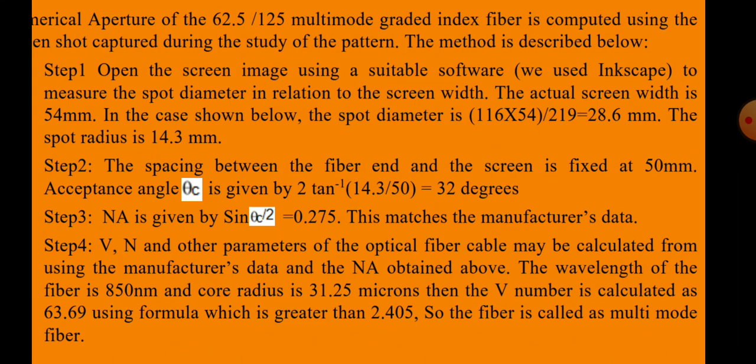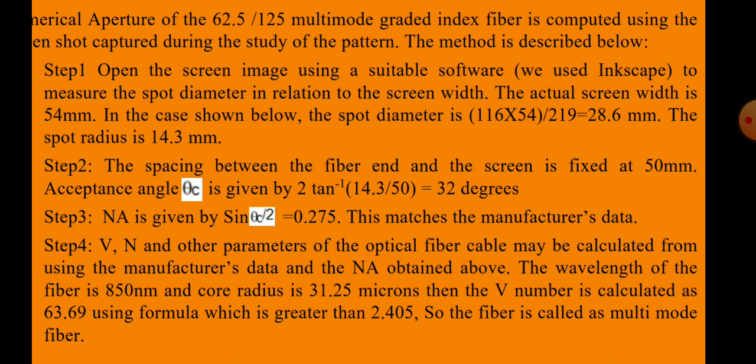Then we calculate the V number based on the formula 2 pi a divided by lambda into the numerical aperture. So 2 into 3.14 into 31.25 into 10 power minus 6, divided by 850 into 10 power minus 9, into the numerical aperture value 0.275.